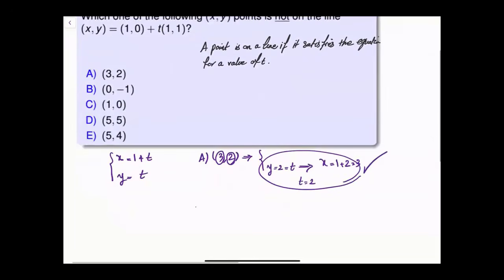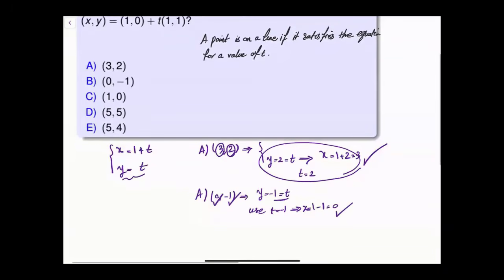For the second one, 0, -1. Here y is -1, but we know that y is t. So t is -1. Use t equals -1 and check the other one. 1 minus 1 is 0, and that is x, and this case is correct.